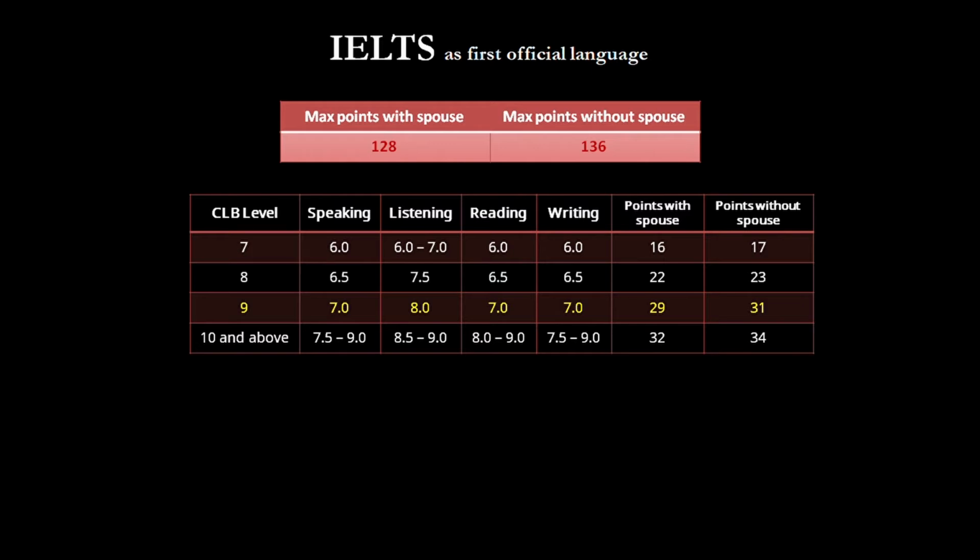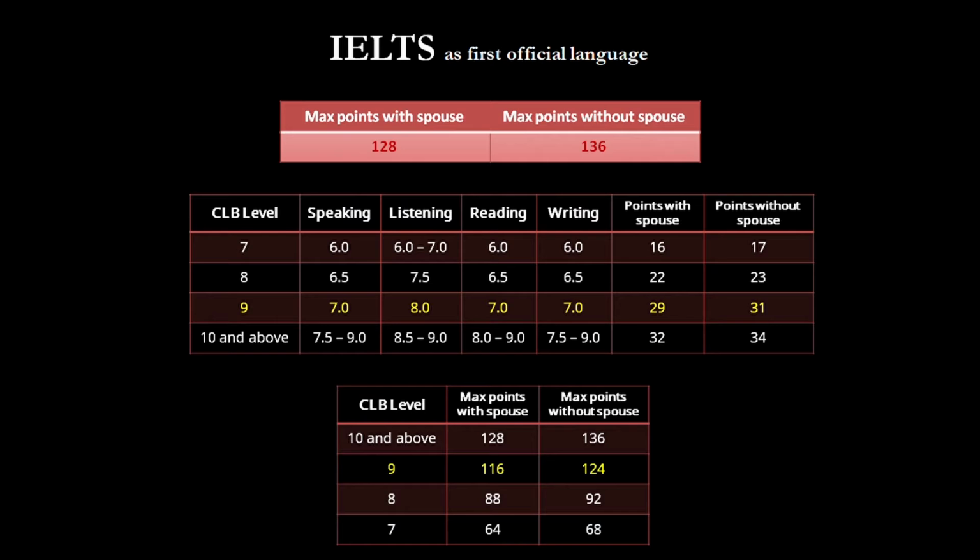I'm stressing CLB 9 because it is of higher importance and it helps improve the score you obtain from other factors as well. I'll go into detail on how CLB 9 helps to improve the other factors, but keep in mind that with each of the English language results, when you obtain a CLB 9, you get the maximum points.